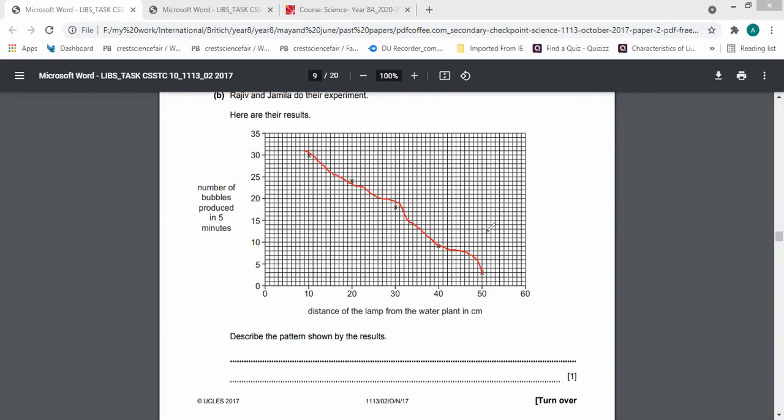Or we can say that the further the lamp from the water plant, the fewer bubbles of gas are produced, and the closer the lamp to the water plant, the more bubbles of gas are produced. Clear? Yes. You got it?